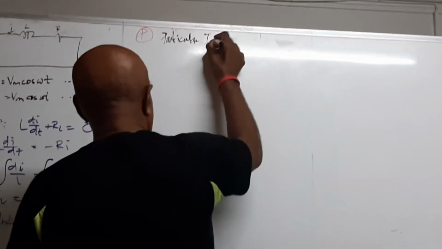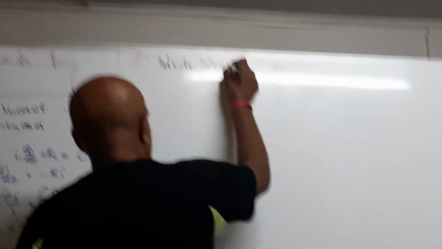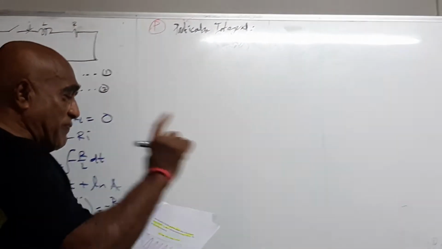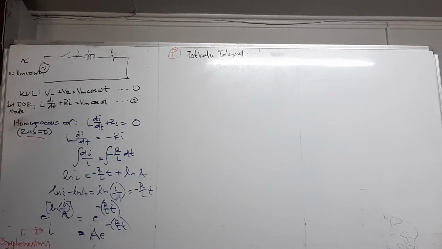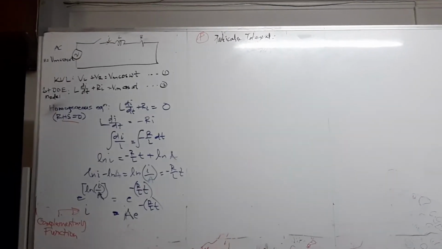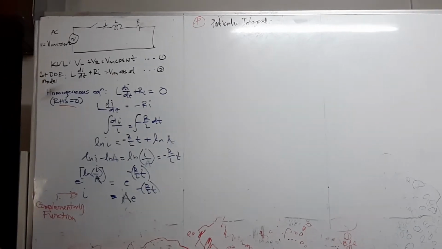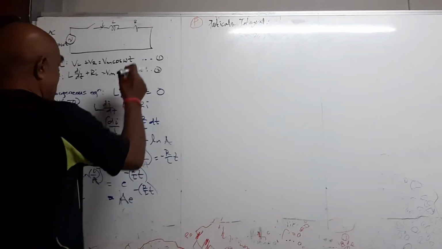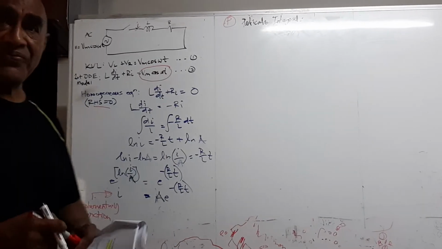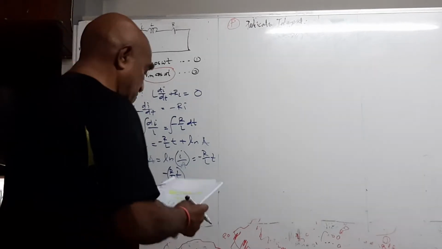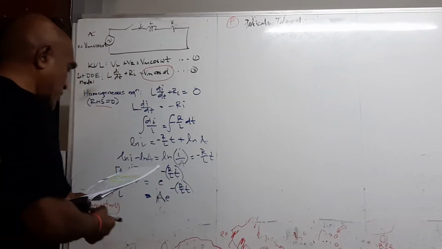So for the particular integral, we have to consider the forcing function which is on the right hand side. And that forcing function is right over here, Vm cos omega t.